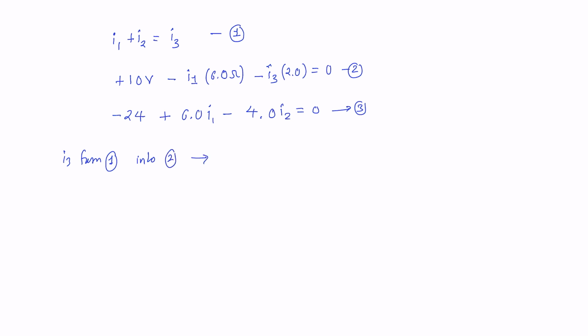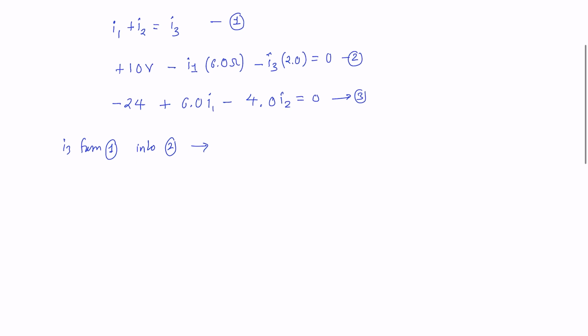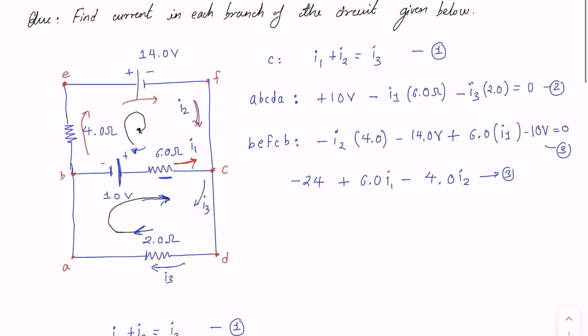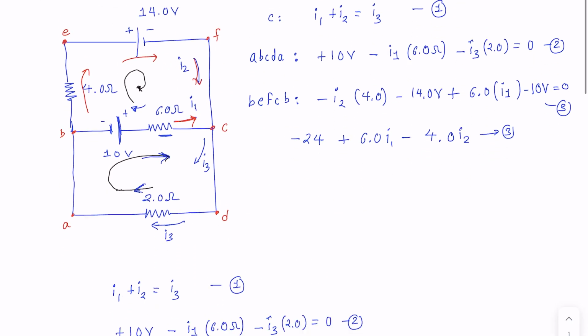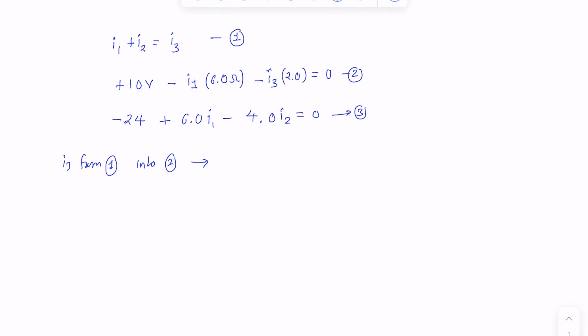So now after you have established these equations, you just have to do mathematics, and that's it, just some algebra. So it's 10 volts minus I2 times 6.0 minus I3, which is I1 plus I2, times 2.0 equals to 0.